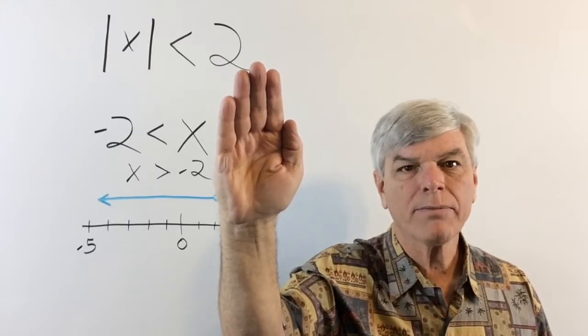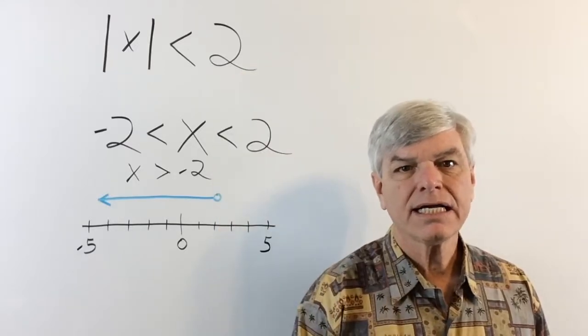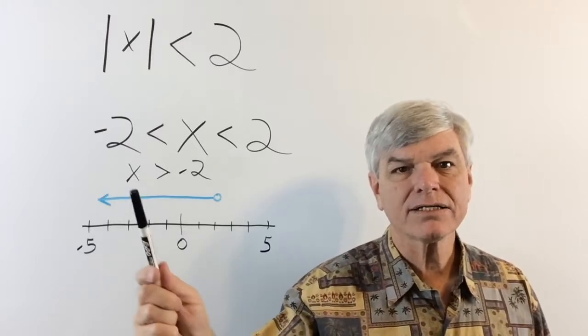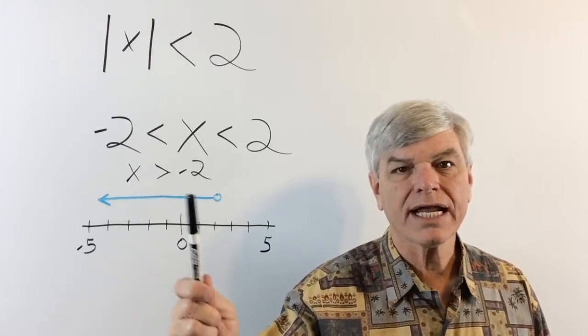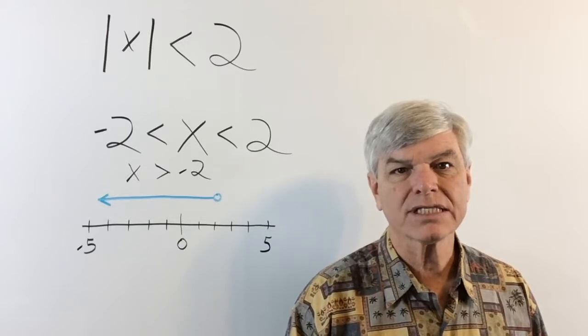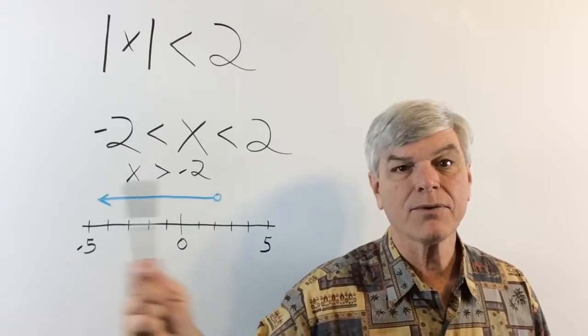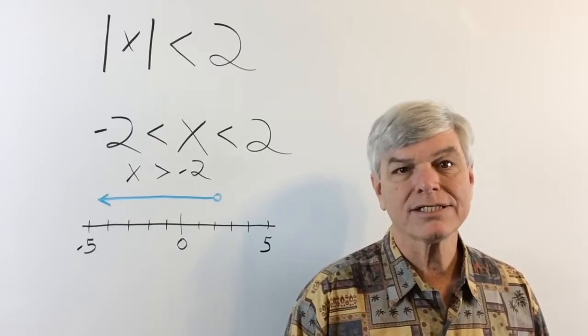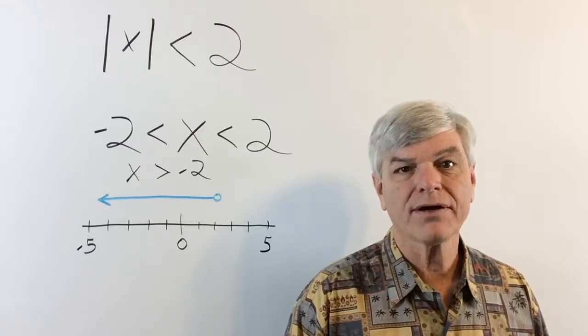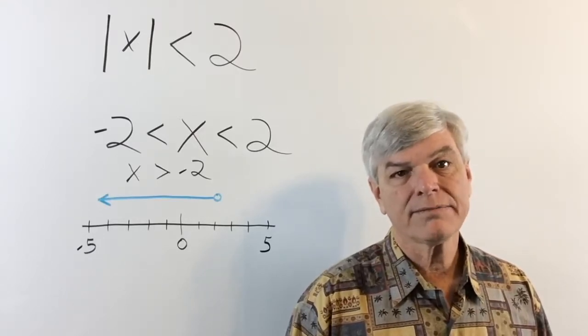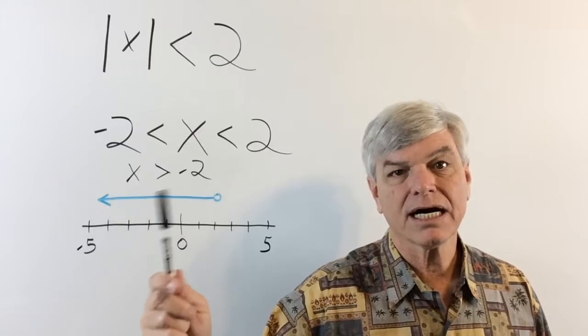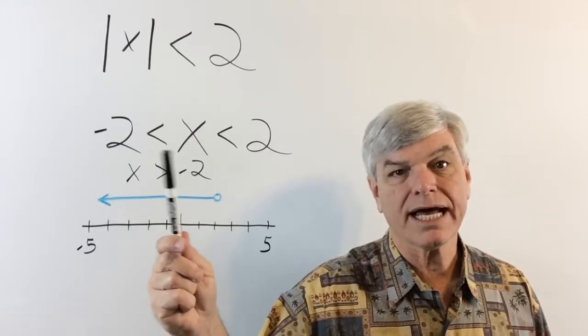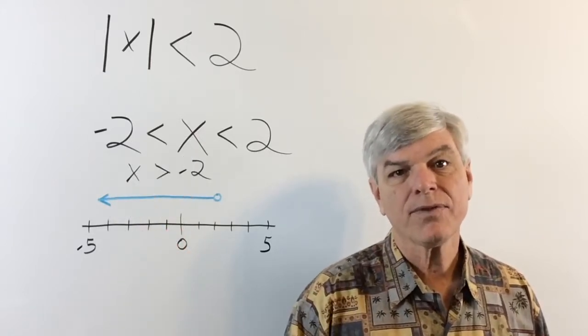Well, why don't we put the x on the other side? So x is greater than negative 2 instead of negative 2 is less than x. You can read it either way, but it always makes sense to start with the variable. And as a matter of fact, you don't even have to do this. You can just read this as x is greater than negative 2.